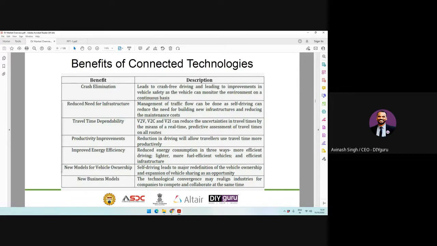And travel time dependability is also very much interconnected, because if there are 100 vehicles on the road communicating with each other, then the data about any disturbance or the traffic situation after 2 kilometers helps you navigate properly, and that helps you get a reduced travel time. Reduced travel time increases productivity, energy efficiency, and all that.